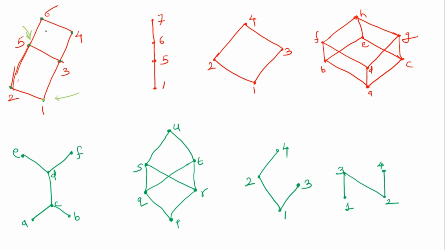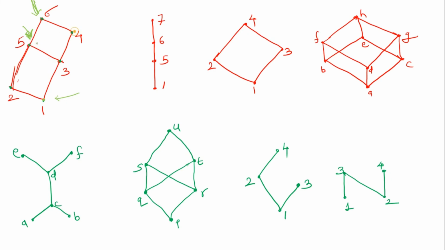So 5 is an upper bound, 6 is an upper bound, but which one is closest to 2 and 3? That should be a single element, so that is 5. So 5 is my least upper bound. So for 2 and 3 both the GLB and the least upper bound are present.